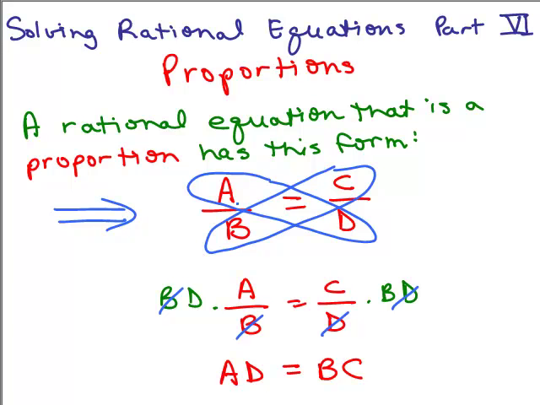If you have one fraction equaling another fraction, notice it doesn't say plus something else or minus something else, two simple fractions on each side, you can multiply the numerator of one times the denominator of the other, and that's the same as the numerator of the other times the denominator of the first, for instance. We call this cross multiplication.